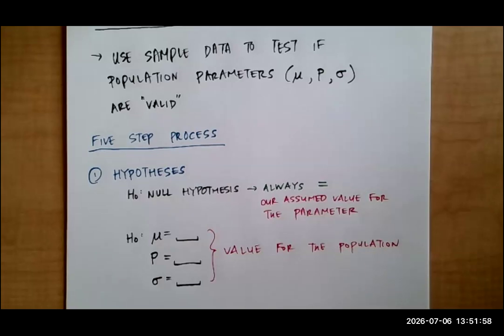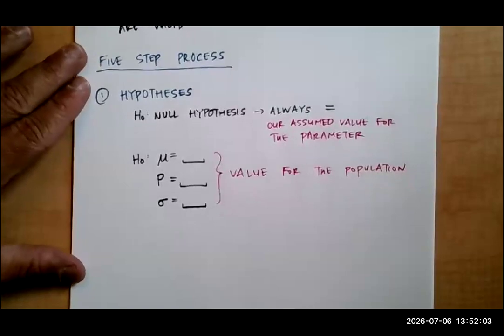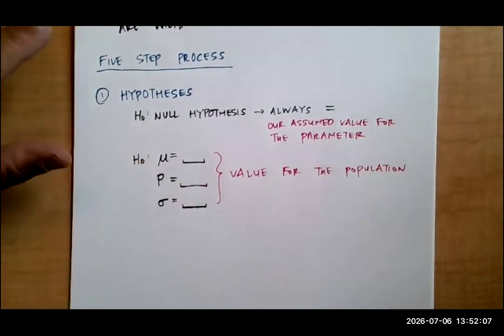And common is what we're going to check to see if this value has possibly changed, has shifted at all. So there's our null hypothesis, one of those three statements, depending which parameter we're dealing with.